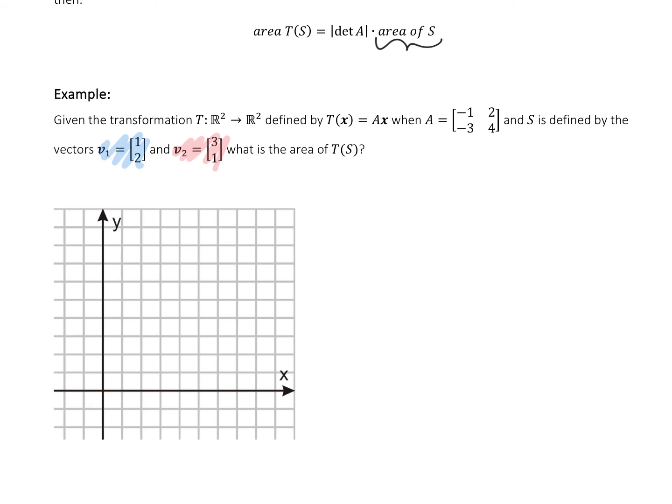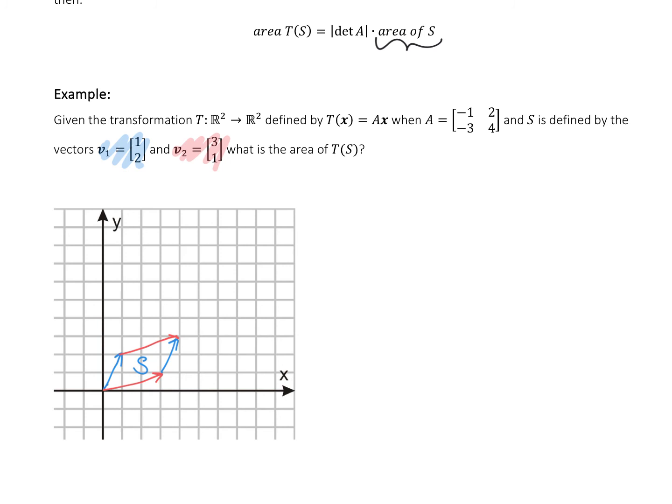And 3, 1. So here's the original S. That's our original parallelogram.